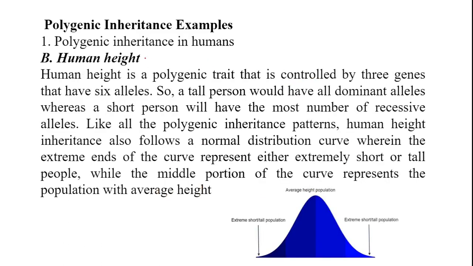Then human height is also an example inherited by polygenic interaction. Here, suppose the man is 6 feet tall and the woman is 5 feet tall. Then an intermediate height will be produced. But there is no mandation. Assume this is the genotype of the man and this is the genotype of the woman, and it produces an intermediate human height.